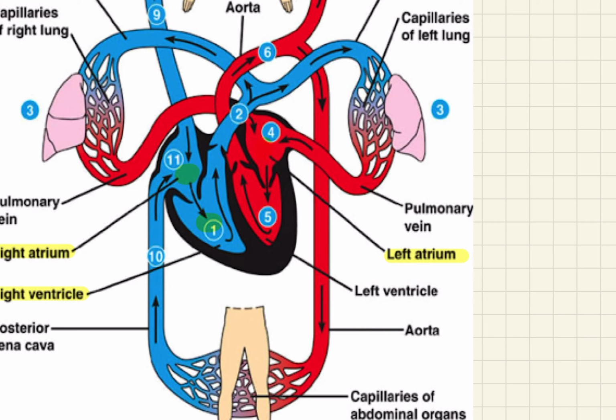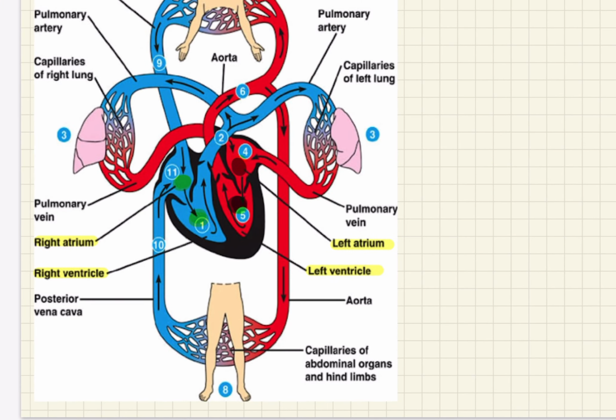And we also have the left ventricle, which is also situated here. Okay, so ito po si left atrium. Left atrium, left ventricle. We also have the right atrium and the right ventricle. So those po are the different chambers of the heart.